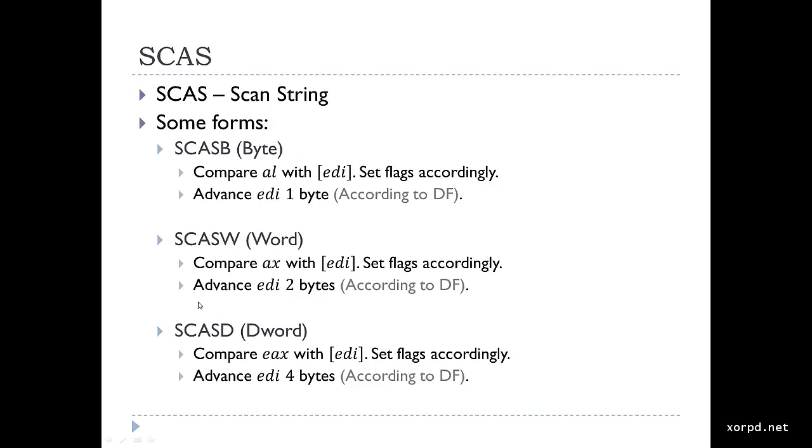The last form is called SCASD, where D stands for dword. It compares EAX with the dword in location EDI at memory. It then sets the flags accordingly. Finally, it advances EDI 4 bytes according to the direction flag.